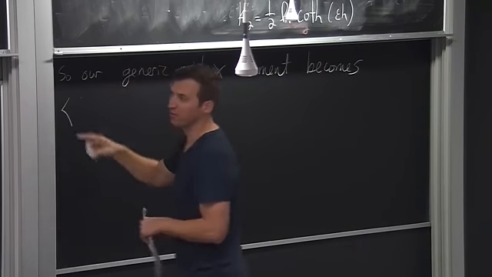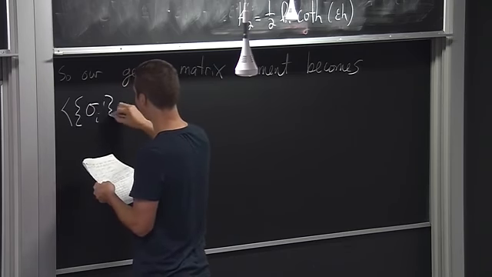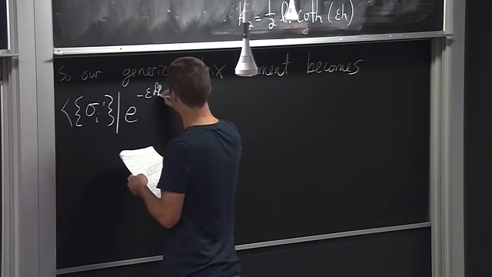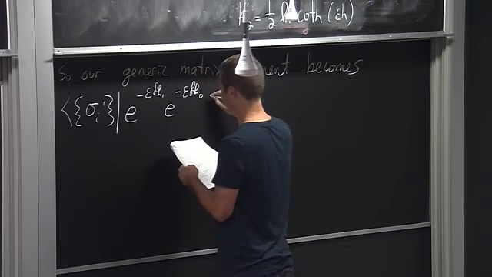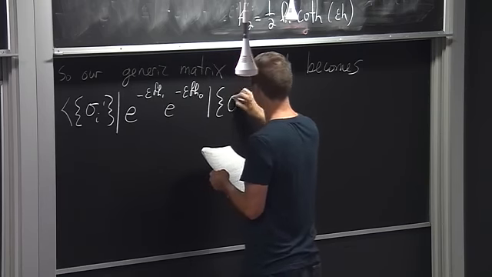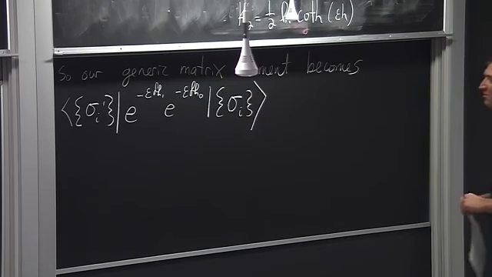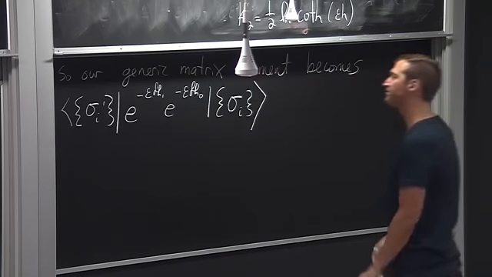Let me write it out in full notation. So it's sigma I prime. Remember, it's these two exponentials, and sigma. And these represent some tau and some tau plus epsilon.